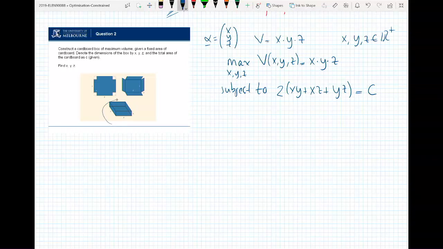Like this one has one side each, right? So the top part is, let's say, x, y, so that will have 2 of these.